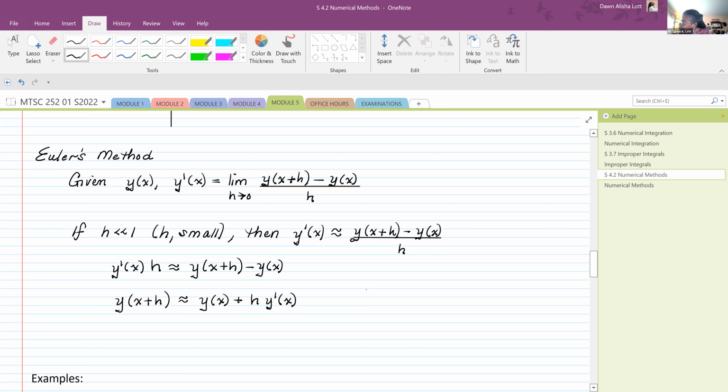But for the differential equation, dy dx, which is y prime of x, is equal to f of x, y. So therefore I get y of x plus h is approximately y of x plus h times f of xy. Okay, so how does this work?